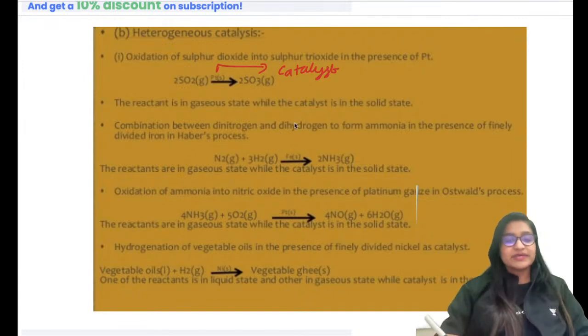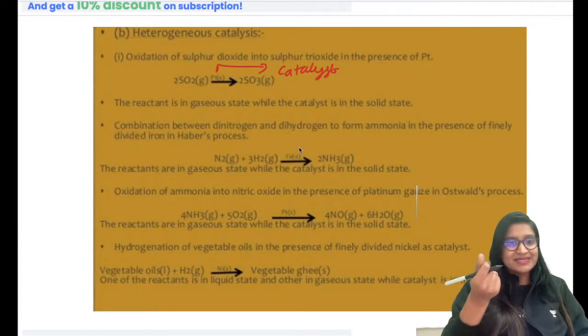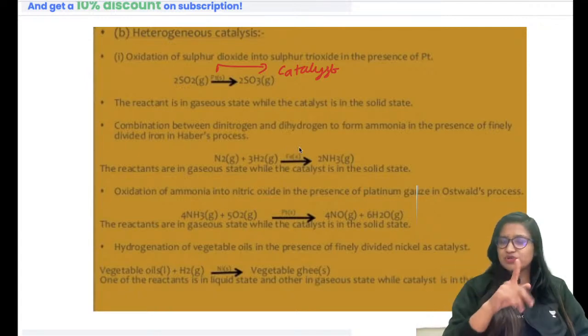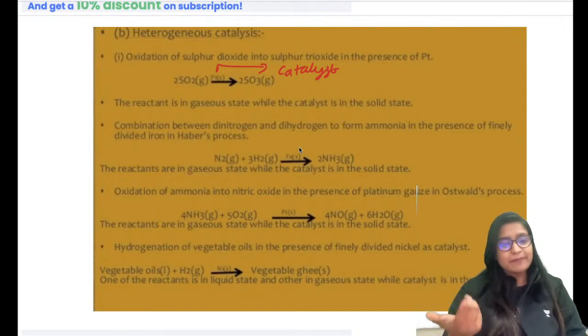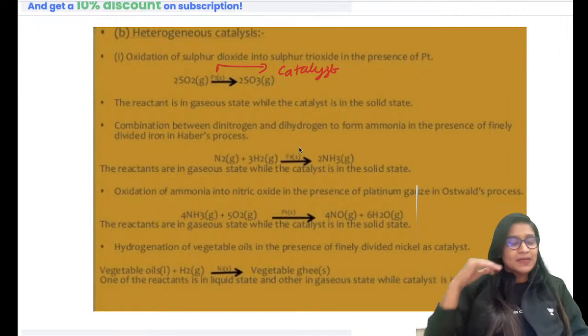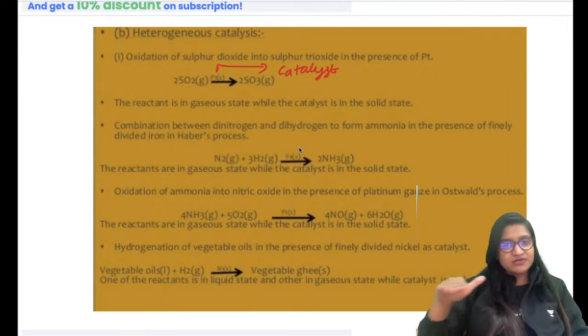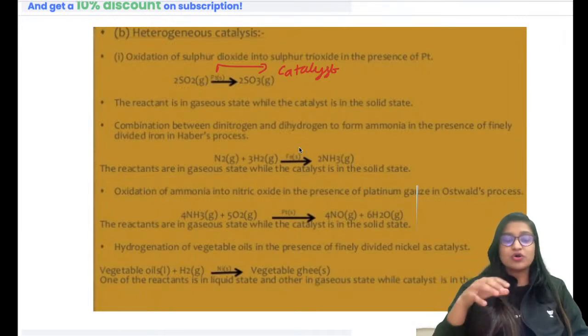So yeah, here you can see that you are using iron in finely divided particles. I told you that in case of adsorption, the more surface area which is available, the more gas can be adsorbed on the surface of the adsorbent, right?